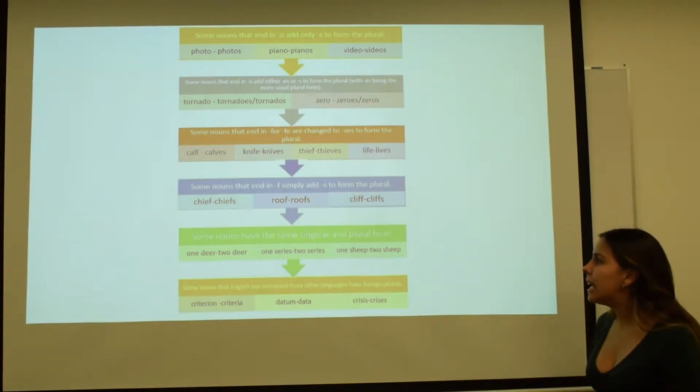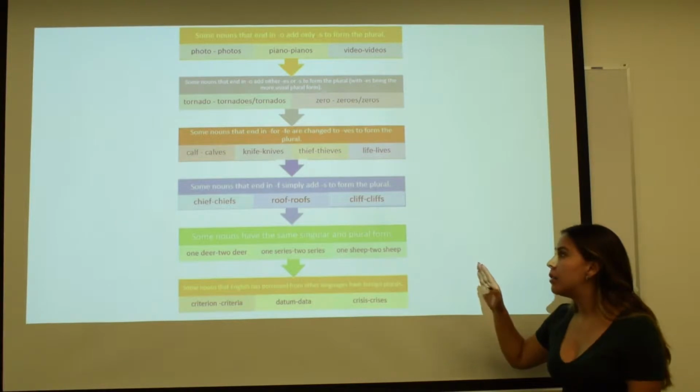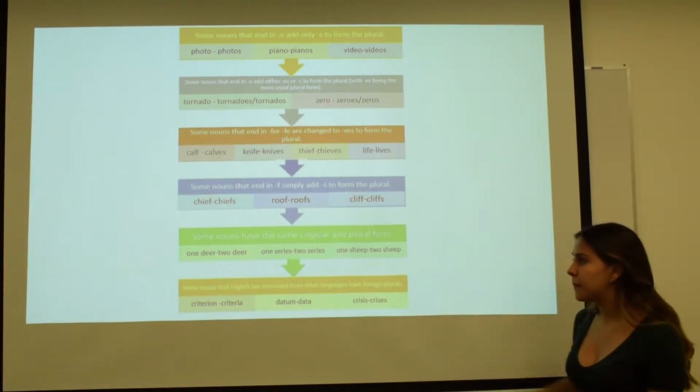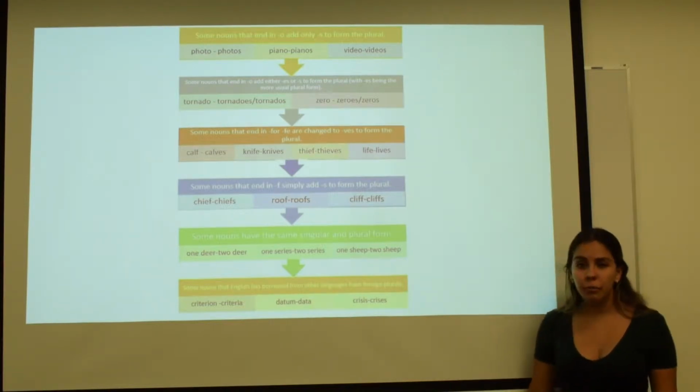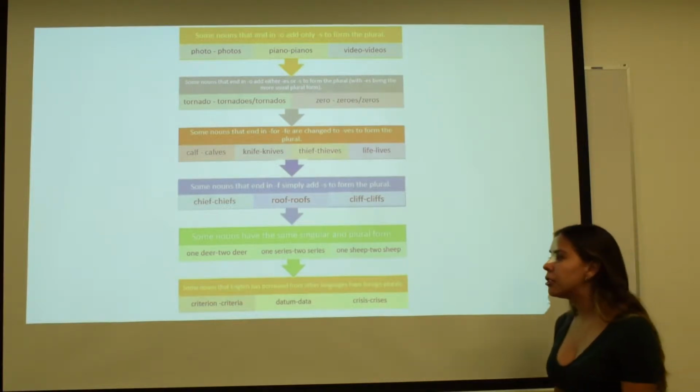Some nouns that end in f simply add s to form the plural. For example, sheaf, sheaves, roof, roofs, cliff, cliffs. Some nouns have the same singular and plural form. For example, one deer, two deer.